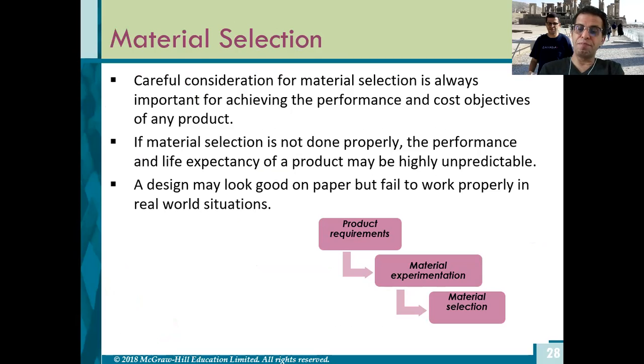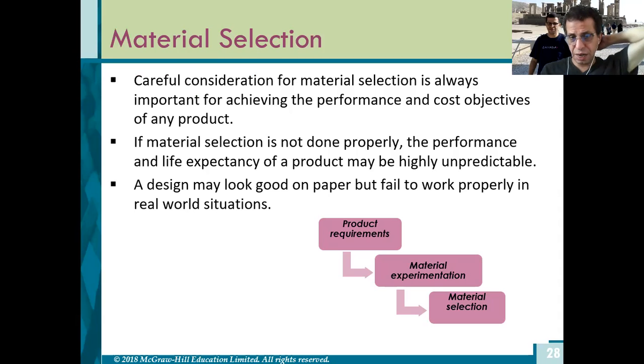Now, when we do material selection, careful consideration is always important for achieving the performance and cost objectives of any product. In business we always have to balance two things: maximizing the profit and taking the stakeholders into consideration also.